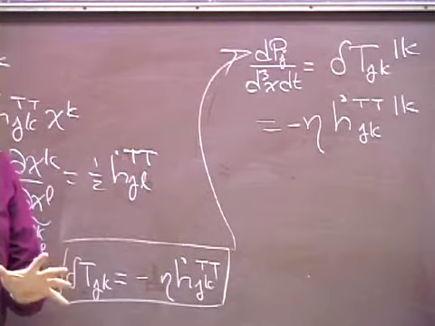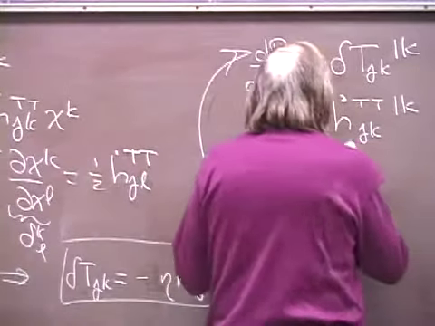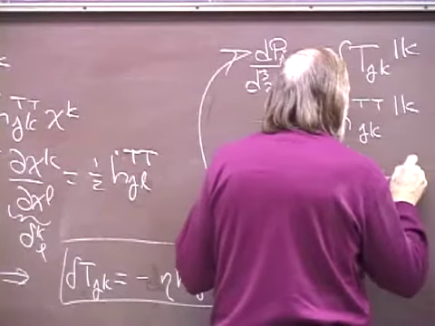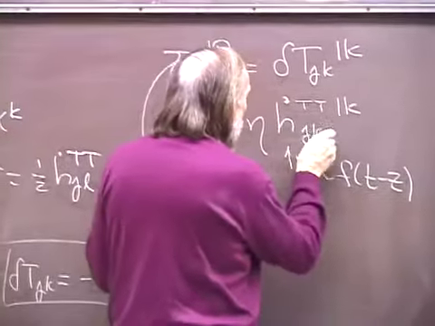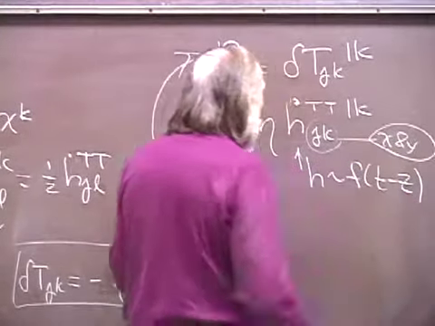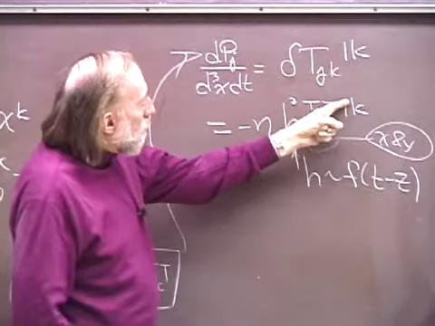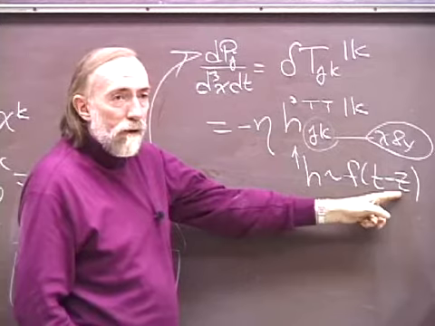This was a homogeneous medium, so I didn't have to differentiate eta. But let's remember that h is a function of t minus z, but its components are all x and y components. And so when you differentiate, you get a non-zero result only from differentiating in the z direction.